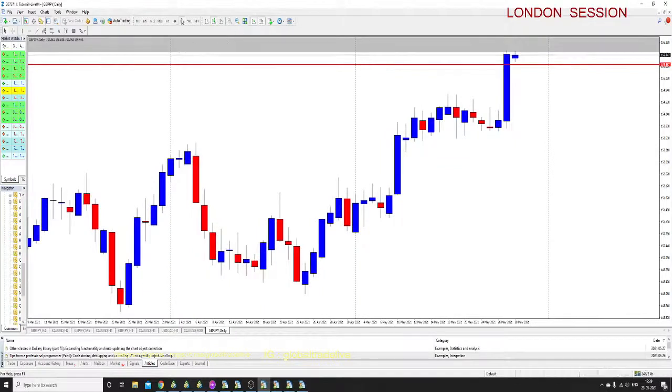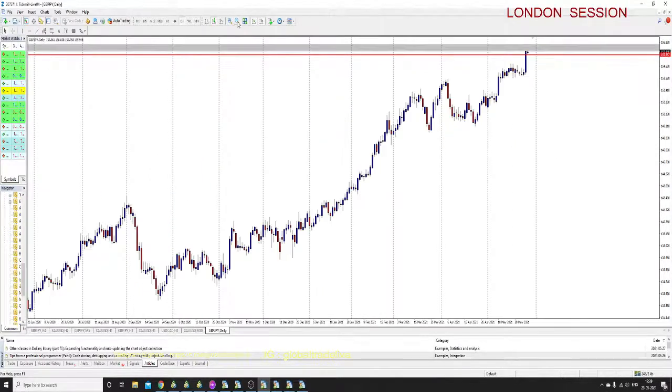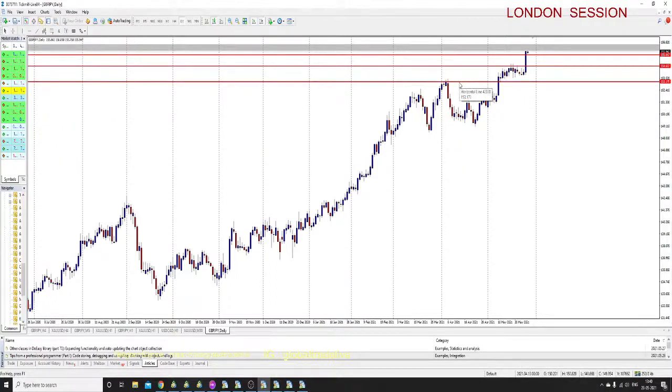So let's mark the recent resistance and support levels in the daily. This was the resistance level in the daily time frame because price was rejecting this area for a very long time, and most likely this will be the support level in the daily time frame.